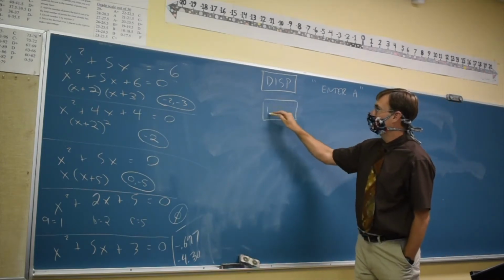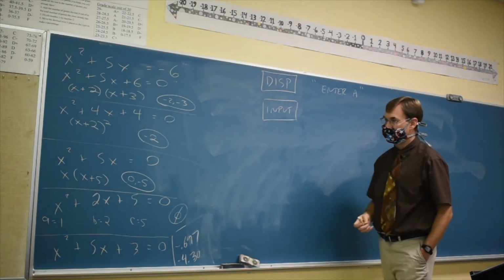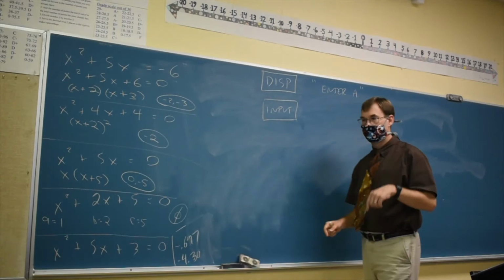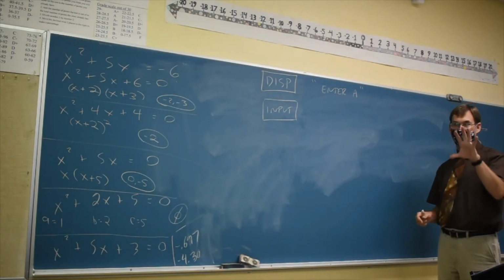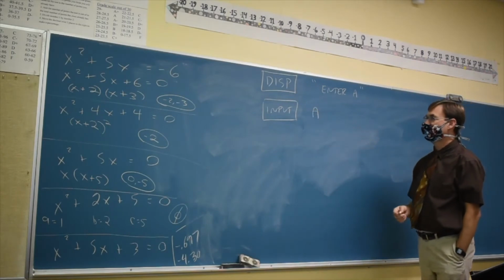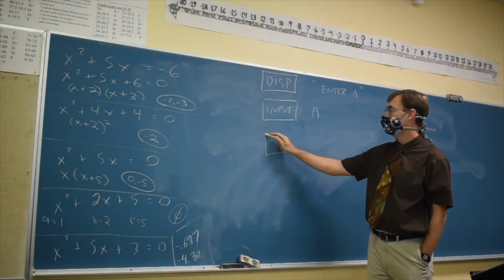Then there's a command called an input where you as the person would type the 1. You'd hit enter and the machine takes that in and will give it the name A. Then what would happen?